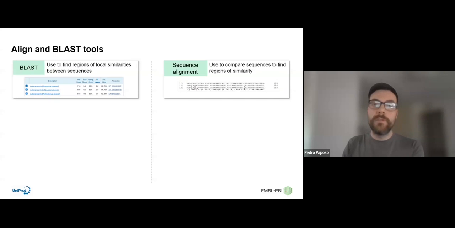Two of the main tools are BLAST and Align. On one hand, BLAST finds local regions of similarity between sequences, and on the other, we have the sequence alignment, which compares sequences to find regions of similarity.